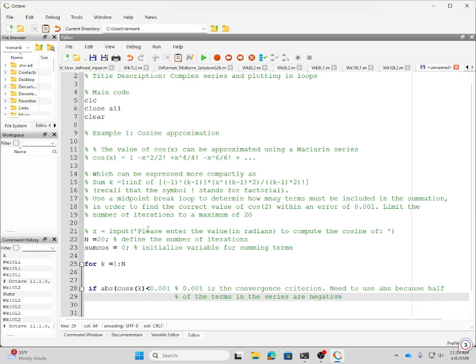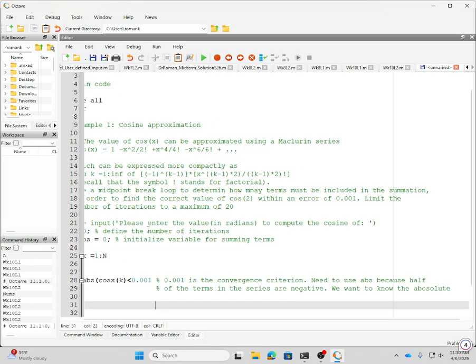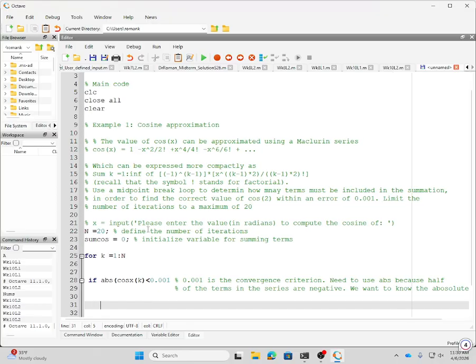Because minus 1 plus x squared over 2 factorial minus, so this way plus minus, half of them are negative. So we want to know the absolute value, right?